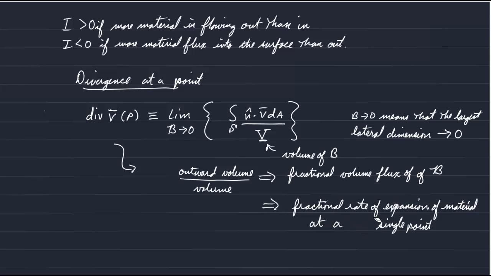The divergence is the fractional rate of expansion of the volume of the material at a single point.